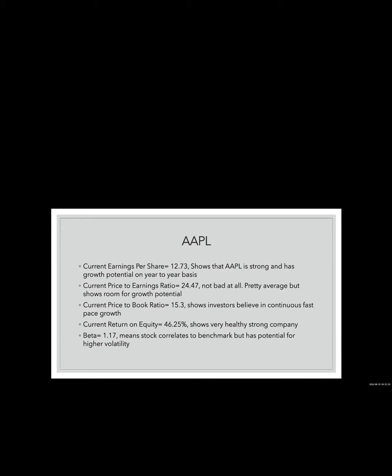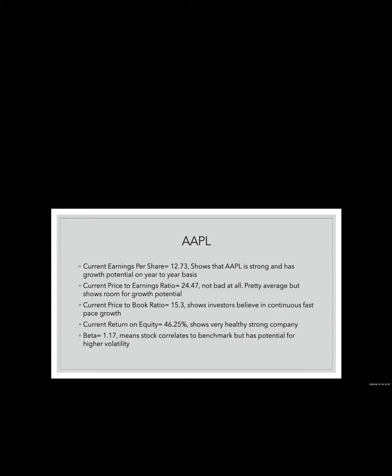So 24.47, pretty average, but shows room for growth potential. Current price to book ratio, 15.3. Remember, I said if you have a price to book ratio higher than 1, that means the company is growing at a fast pace, or investors believe it will grow at a fast pace.